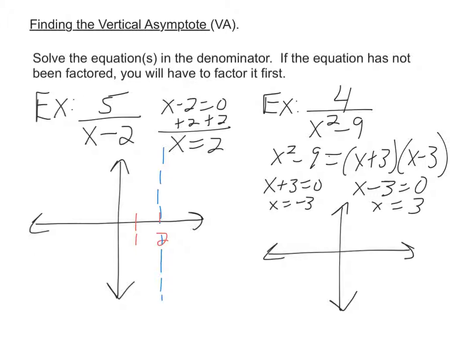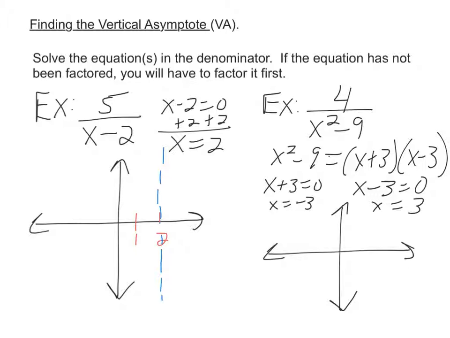Here's another example, 4 over x squared minus 9. So x squared minus 9 is a difference of squares, so it can be factored, which is x plus 3, x minus 3. I've already factored it for you, and I have solved for each of the equations.